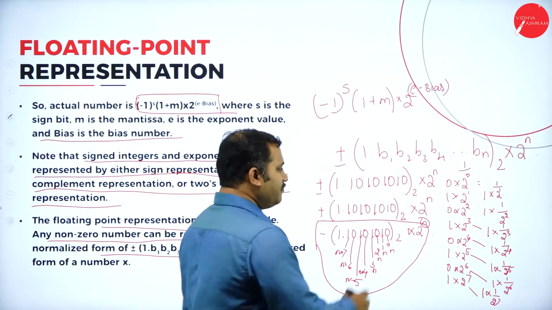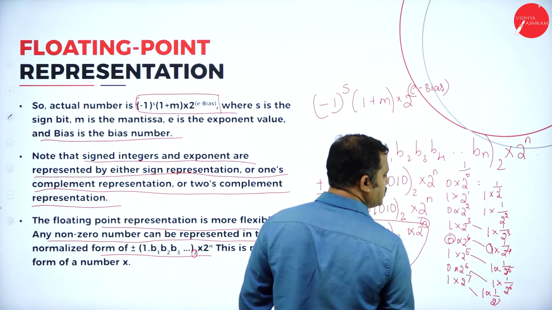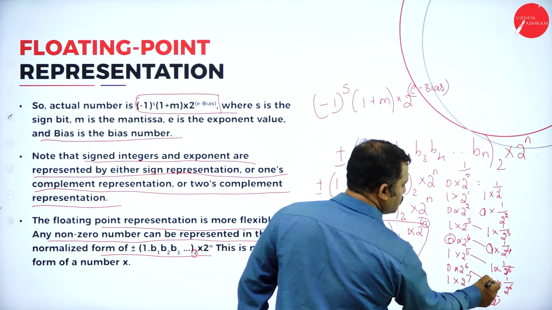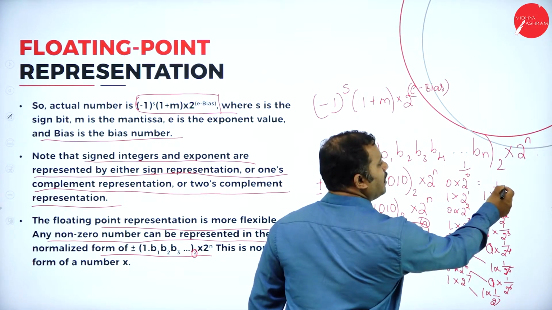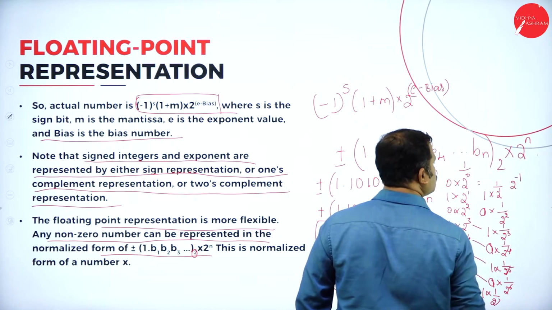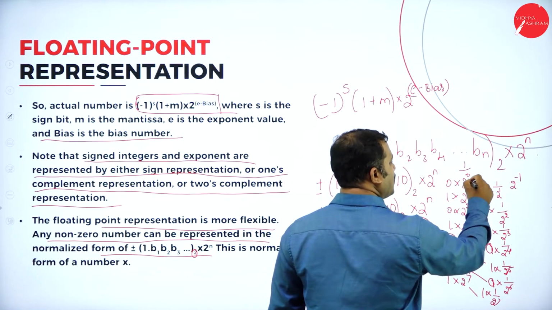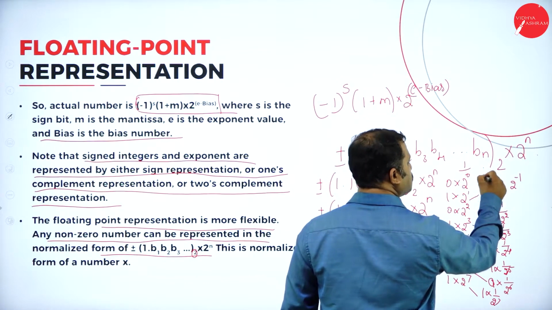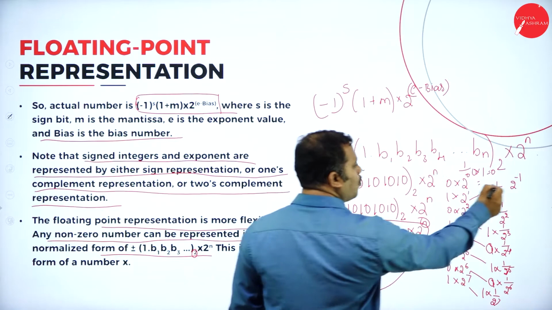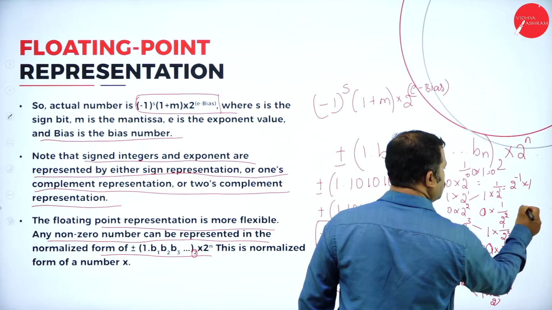You will see that we have 1 here, but what is the value we have here? 0. So let me make it 0 here. We have 0 here, so this is 0 here. If that is the case, 1 into anything becomes anything. 2 raised to the power of minus 1. What is 2 raised to the power of 0? This becomes 1. 1 into 0 obviously turns out to be 0. 0 into anything makes the entire term 0.